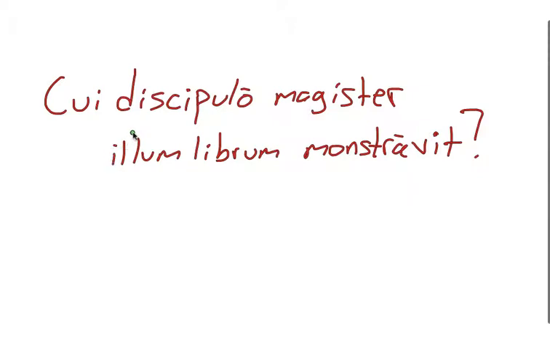How do you tell immediately that it's an interrogative adjective? Well, there's a noun that's right next to it that has the same case. Discipulo and cui are both dative. And so that makes this an interrogative adjective.